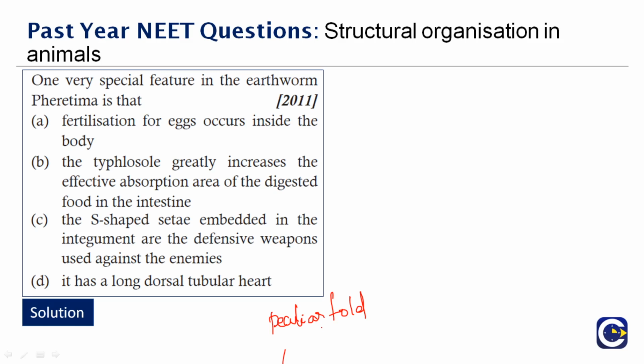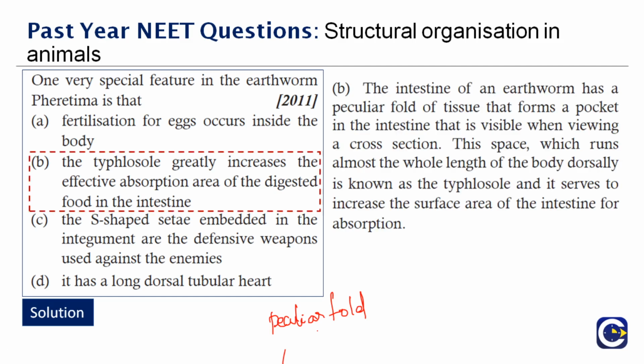This space, which runs almost the whole length of the body dorsally, is known as typhlosole, and it serves to increase the surface area of the intestine for absorption. So now you know what the answer is. Yes, the correct answer is option B. You have a typhlosole, which greatly increases the effective absorption area of the digested food in the intestine. And that peculiar fold actually increases space for it. Therefore, the correct answer to this question is option B.